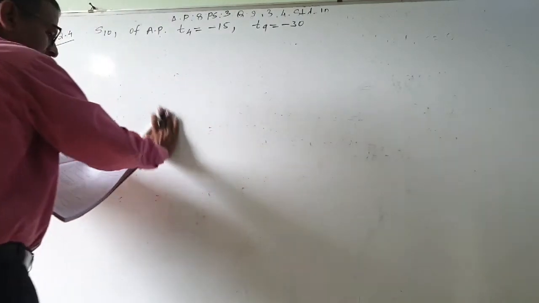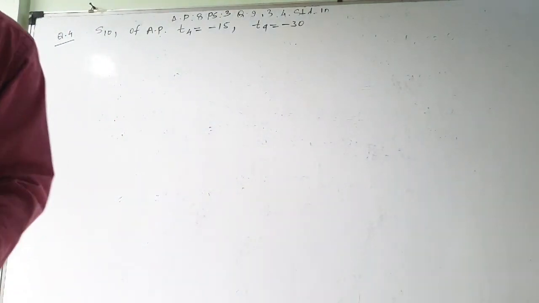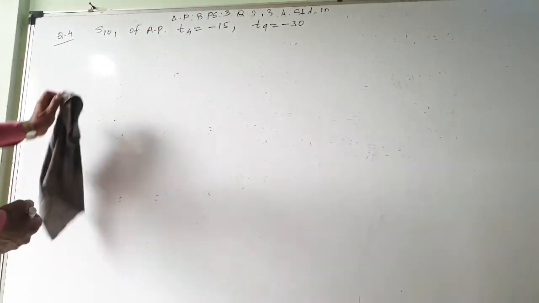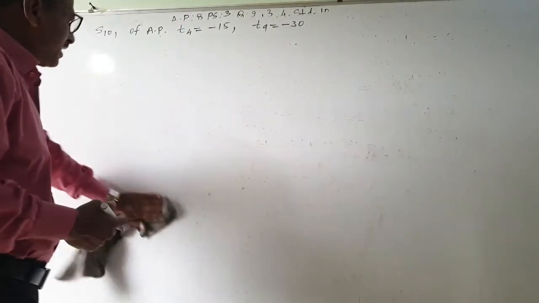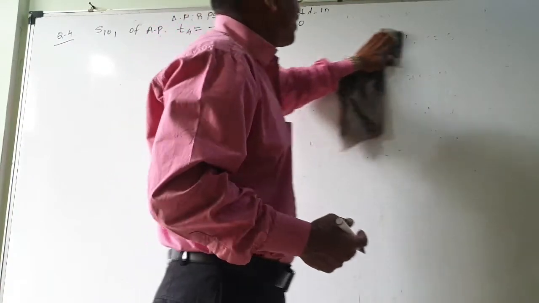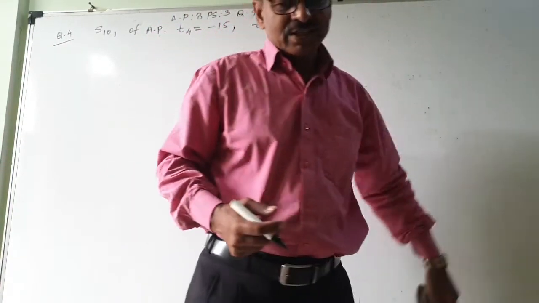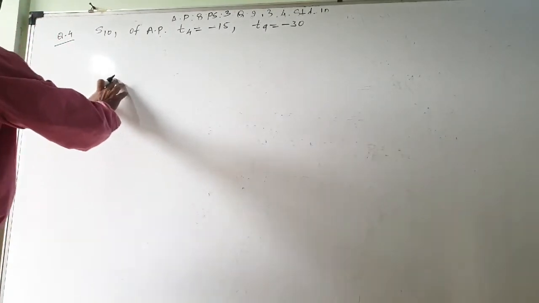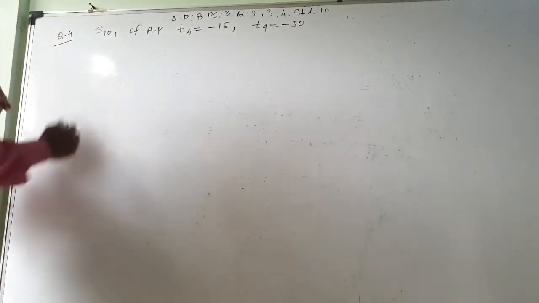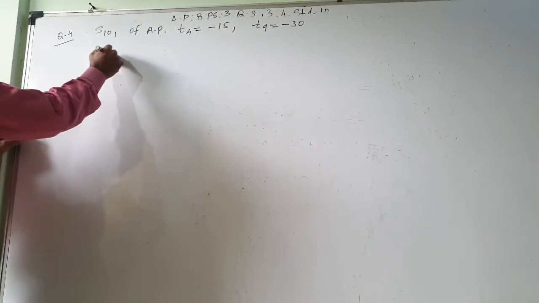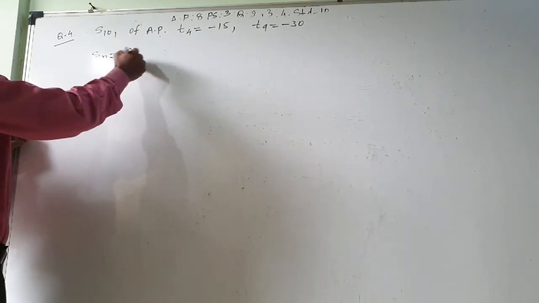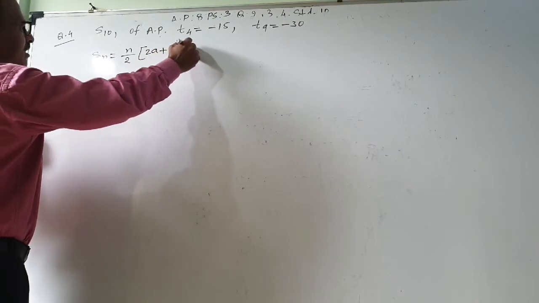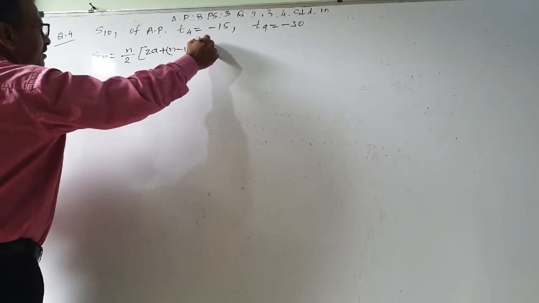So this question also on the same grounds I will solve. For Sn, what is the formula that we have to first find? Don't forget that in the examination, first of all you write your formulae, so that for formulae you will get the mark. Sn is equal to n by 2 into 2a plus n minus 1 into d.